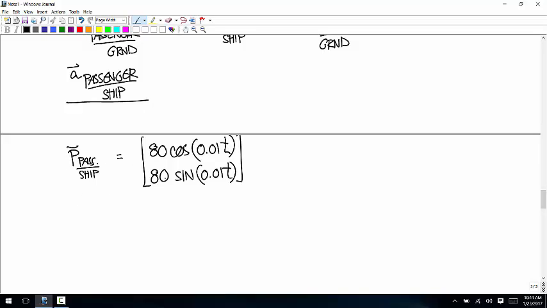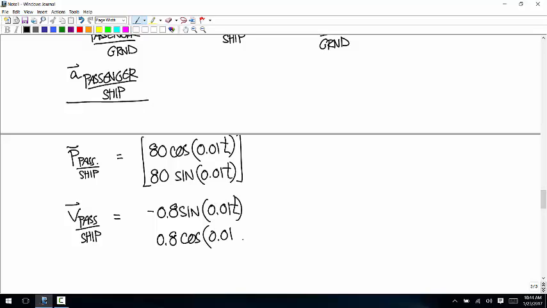And so from that we can get the velocity of the passenger relative to the ship by just taking the time derivative. So that is negative 0.8 sine of 0.01 t and positive 0.8 cosine 0.01 t.